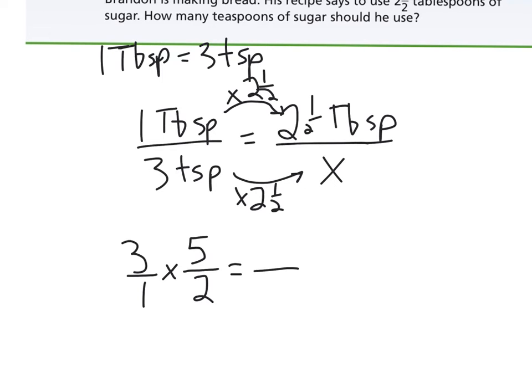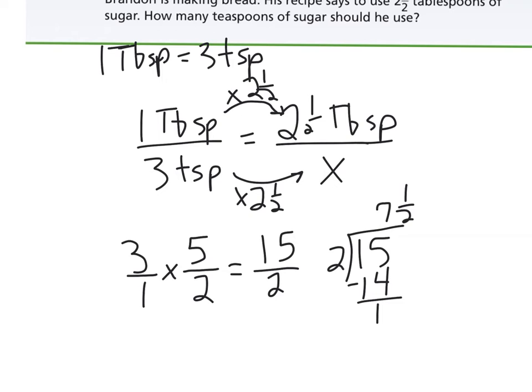And you multiply, so 3 times 5 is 15, 1 times 2 is 2, and then 15 halves is an improper fraction, so then you can divide that out, and that goes in 7 times with 1 left, so that would be 7.5 teaspoons. And again, I know that's much quicker to do on your calculator, but realistically we don't always have one, or we're not always allowed to use one, so that would be the way you'd have to do it by hand otherwise.